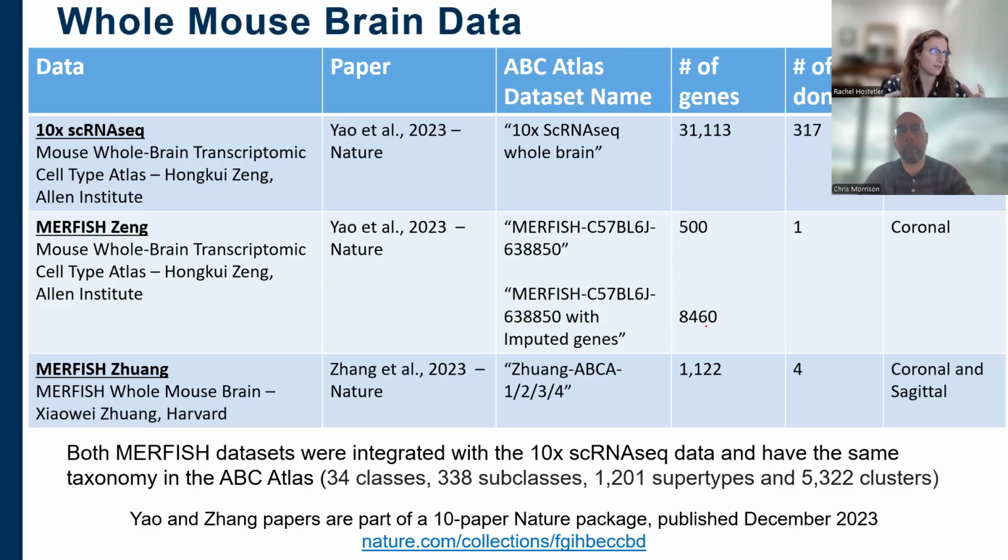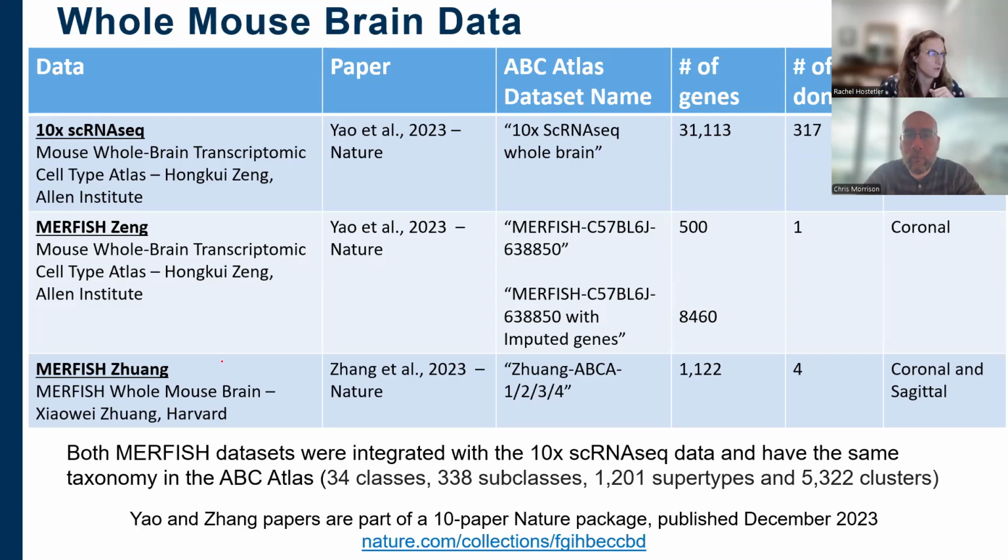And again, that's because the MERFISH data and the single cell data are part of the same taxonomy. So if you're looking at a cell type in the single cell data and it says this is supertype XYZ, if you find that supertype in the MERFISH data, that's the same supertype, or the same cluster or class or subclass. So the numbers I mentioned, the 34 classes and so on, are the same whether you're looking at the single cell data or the MERFISH data.